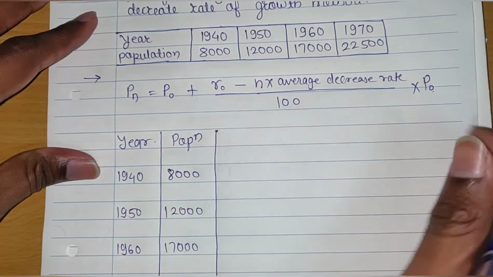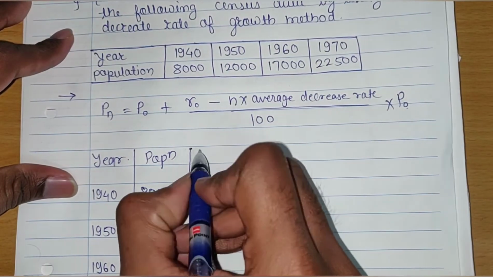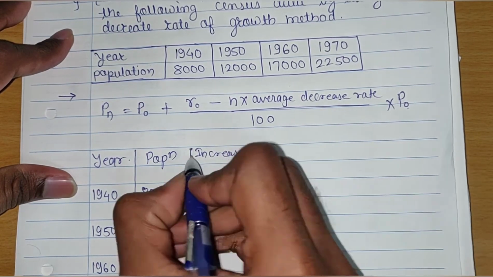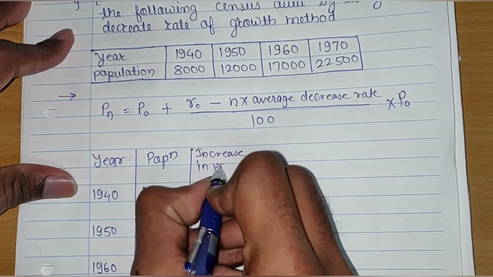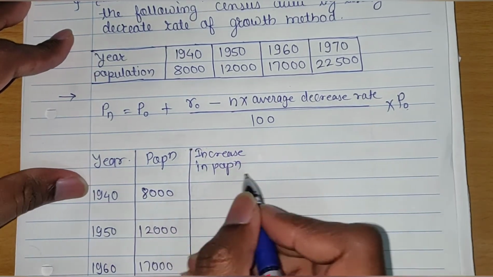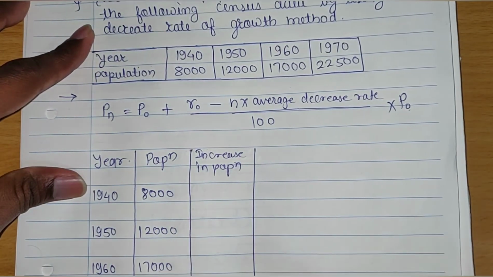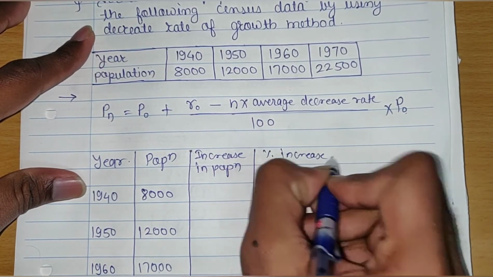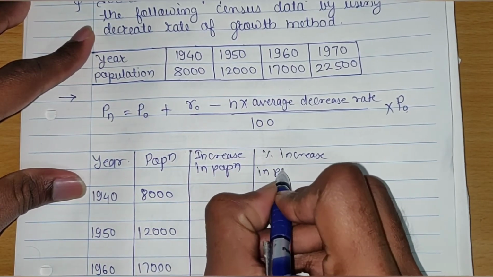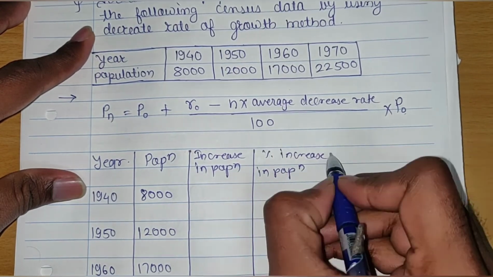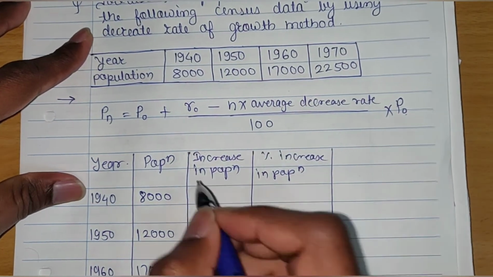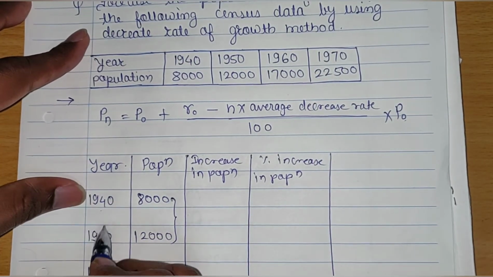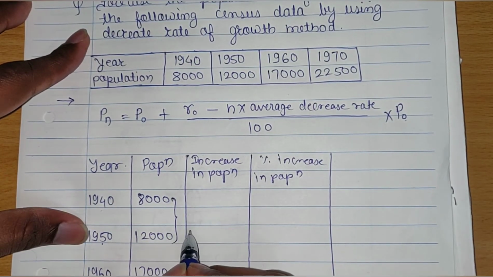So first I will draw the column of increase in population, then percentage increase in population. From 1940 to 1950 there is an increase of 4,000.